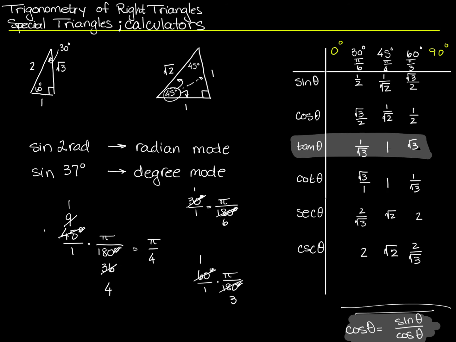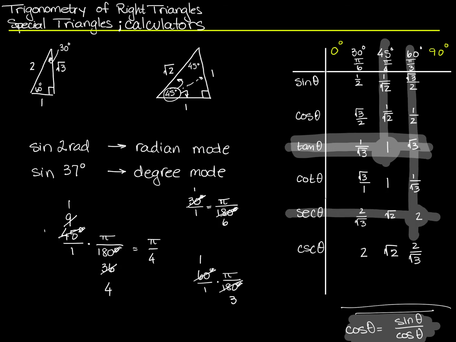So now when I ask you for the tangent of pi over 4, you'll be able to look along this row and down this column and tell me that it's 1. When I ask you for the secant of pi over 3, you'll be able to look along this row and down this column and tell me that it's 2.